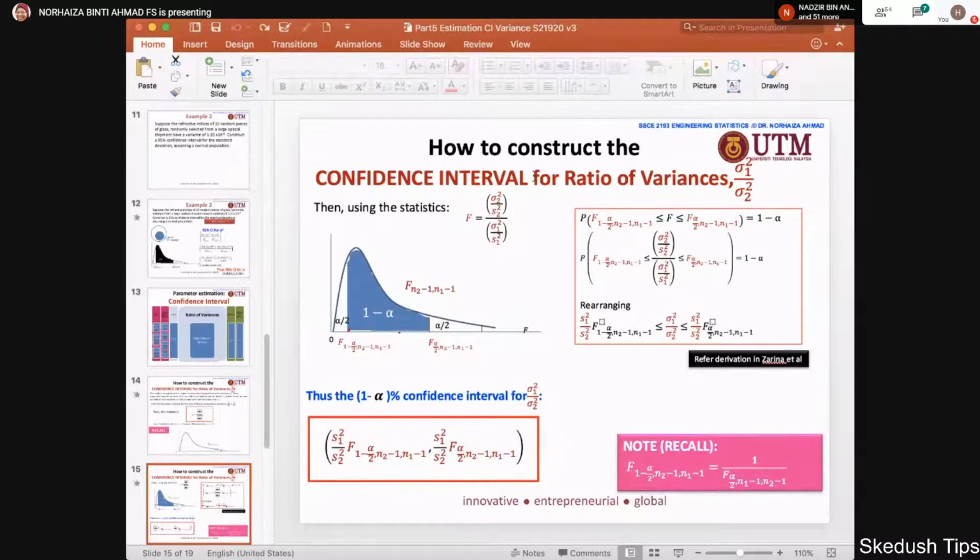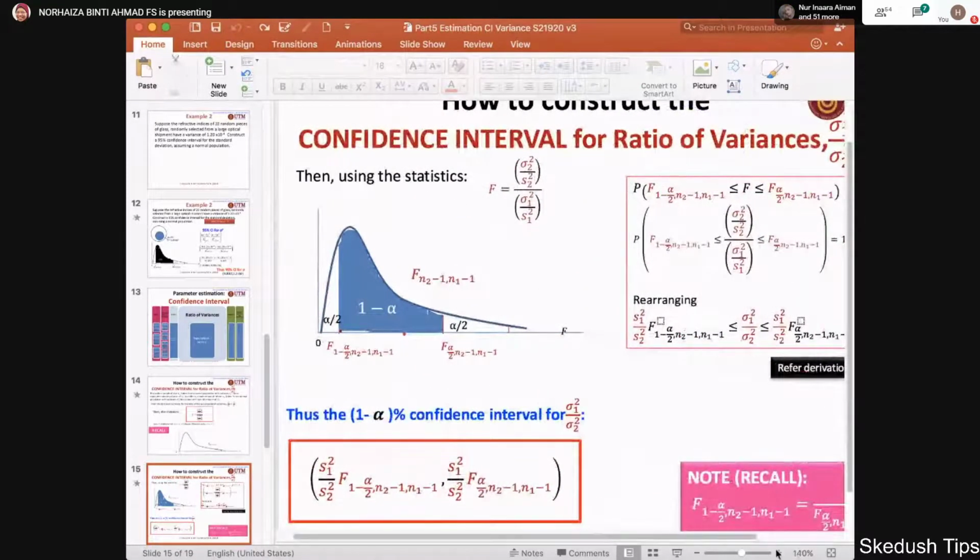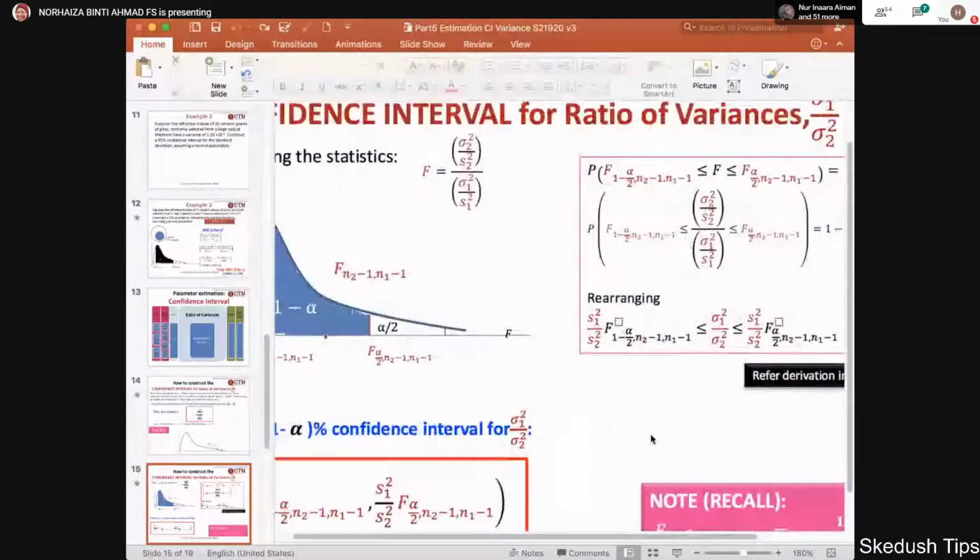Now, in order to construct the confidence interval for the ratio of variances, we're going to use this statistic: sigma 2 squared over S2 squared over sigma 1 squared over S1 squared.